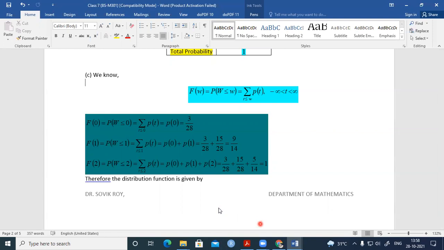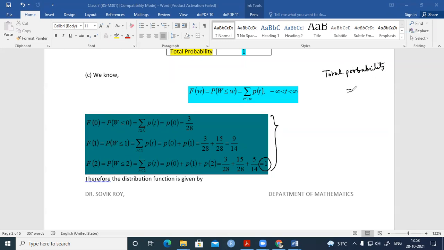Now here is the important point. Suppose you want to check whether you have done it correctly or not. This part is actually very important, because the total probability of the probability distribution is always equal to 1.